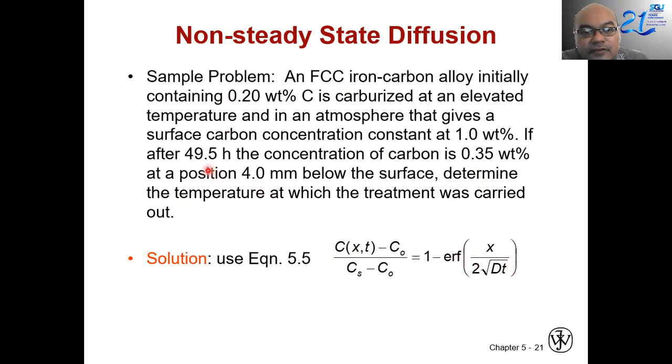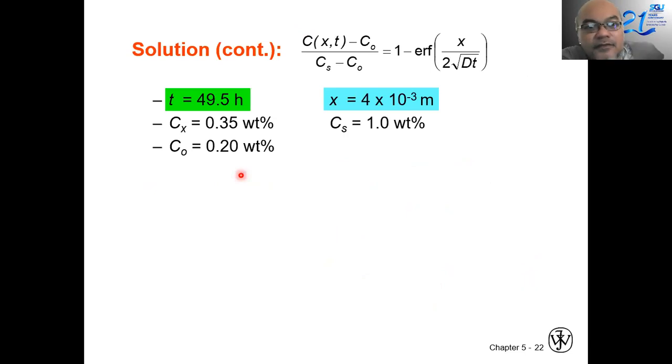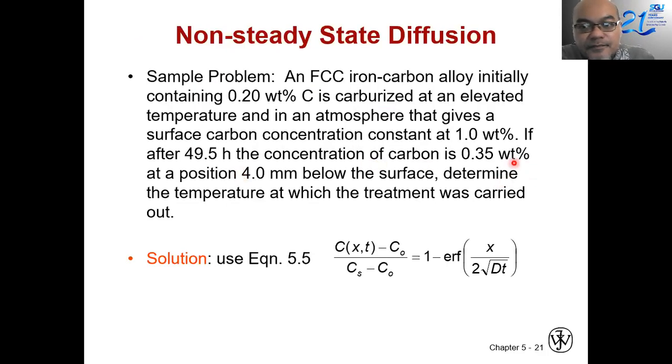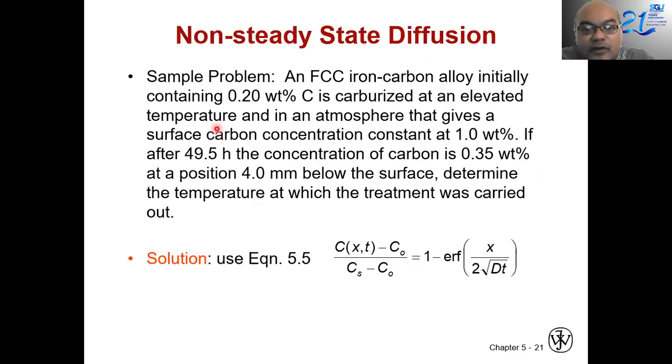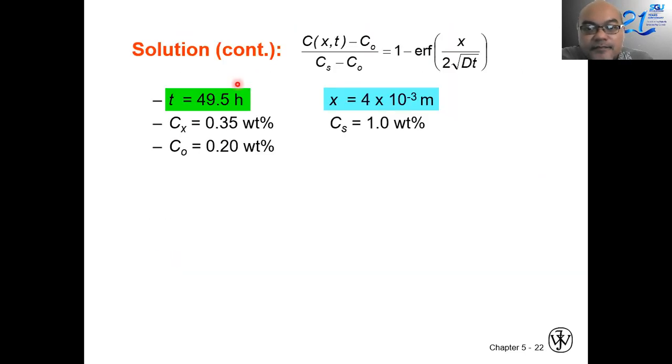Time is given here, 49.5 hour, and usually we have to convert it into seconds. X here is 4 millimeter. Cx is known, 0.35% here, the eventual concentration at 4 millimeter. C0 is 0.20% from here.